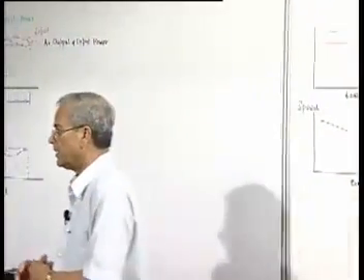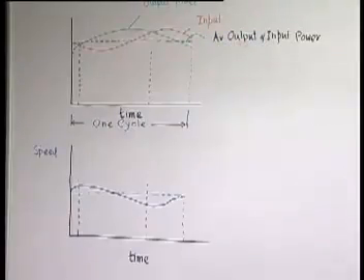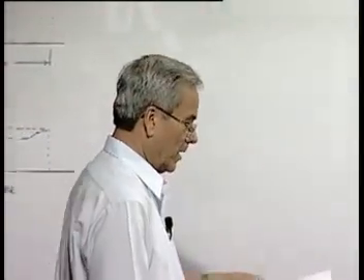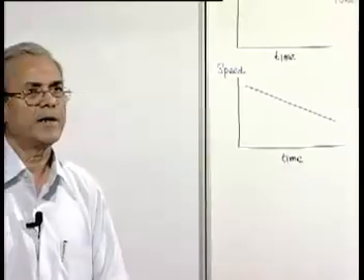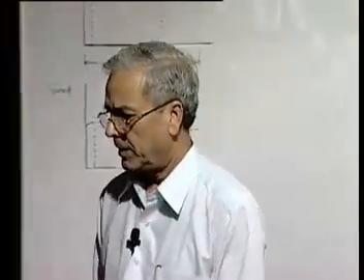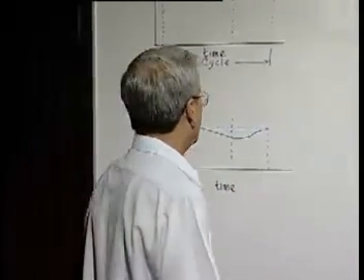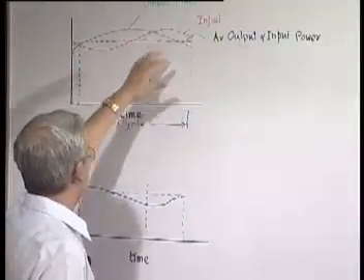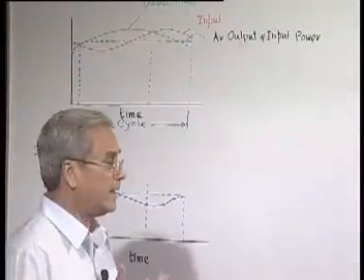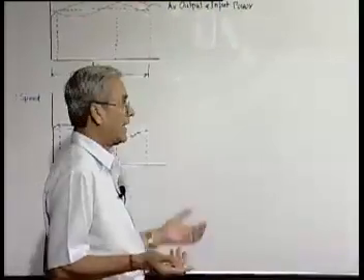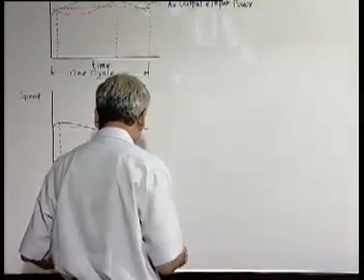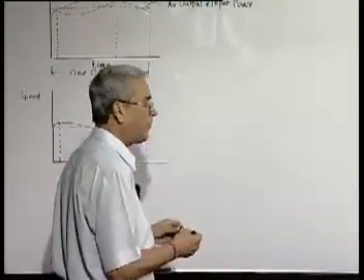So, now let us consider the cases which we will generally encounter. In general, we will find two types of cases. Of course, this is the most general situation where both the output power and input power are varying like this. But in general, we will take up the cases often encountered.